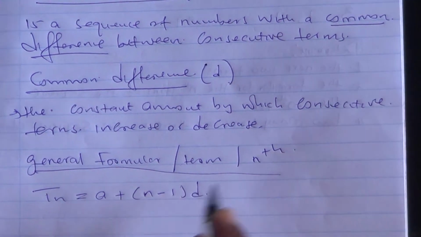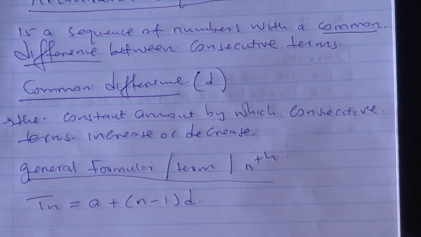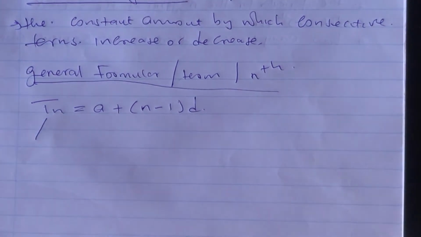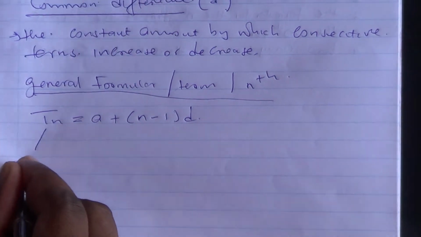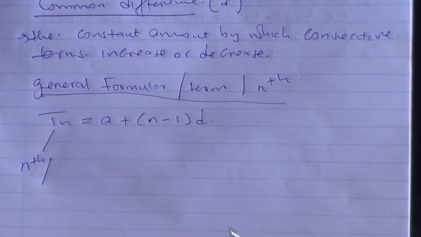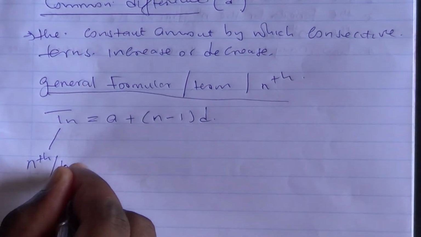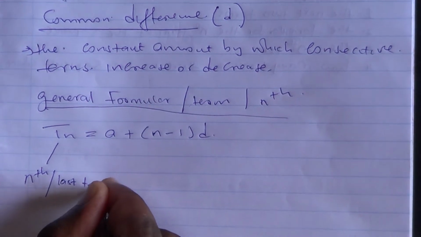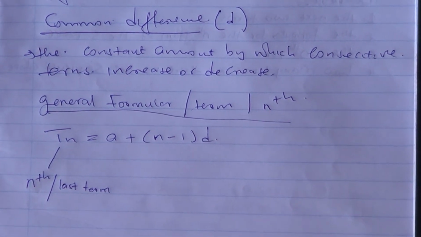This is the general term of an arithmetic sequence. Tn stands for the general term, the nth term, or the last term of the sequence.